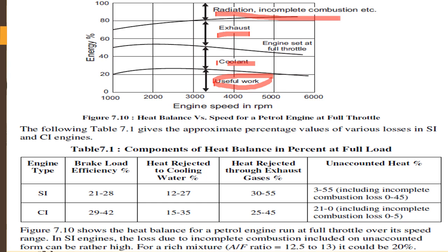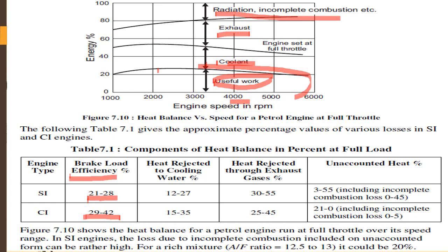So out of 100% energy that is supplied, only 20 to 25% is utilized in terms of brake power. So 21 to 28% is the heat equivalent to the brake power, and in the case of a diesel engine it is 29 to 42%.